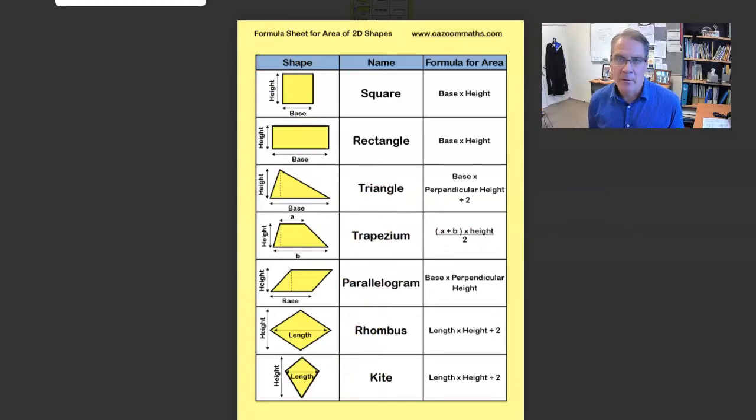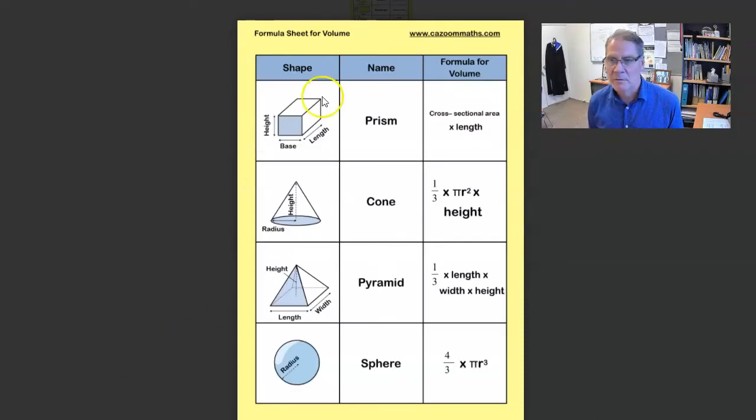So therefore the area that you can use. So knowing and inserting the base times the height, writing the formula down, gives you confidence in that. For volume, we have the rectangular base prism, cone, pyramid, and the sphere. So they're the common ones that you can now use with confidence as you do your mathematical measurement of space.